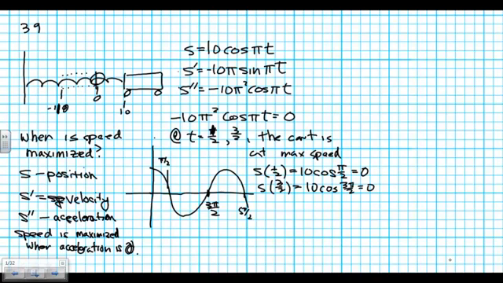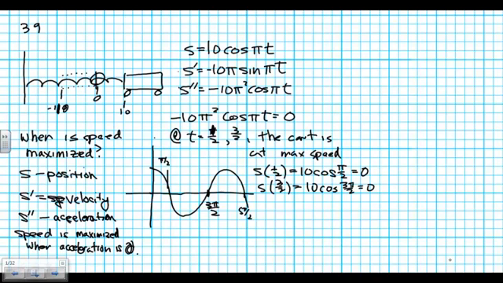Part B, where is the cart when the magnitude of the acceleration is greatest? What is the cart's speed then? Okay, well, how can we maximize acceleration?